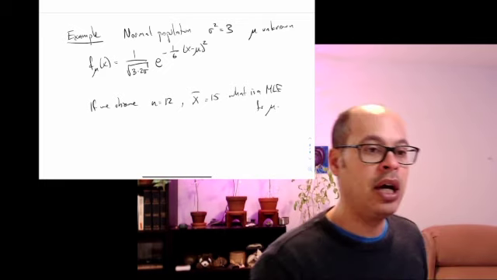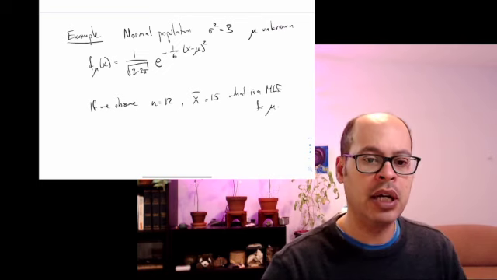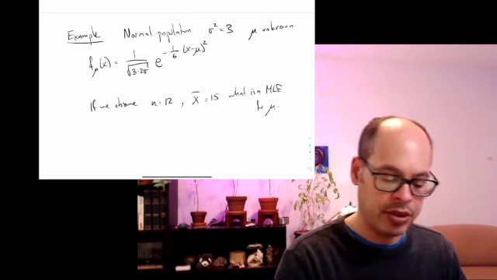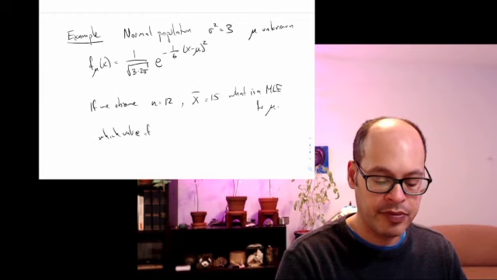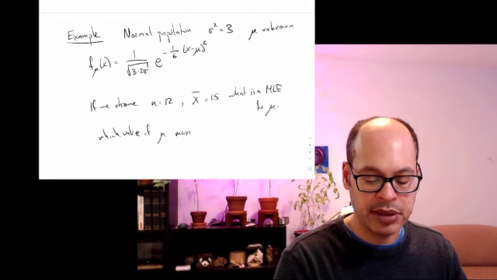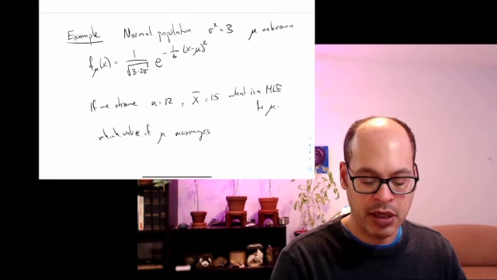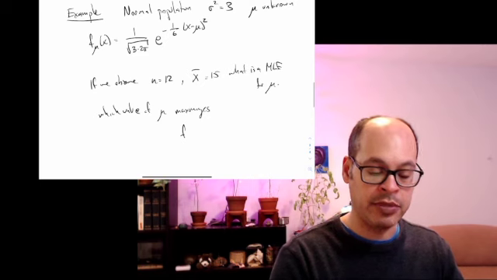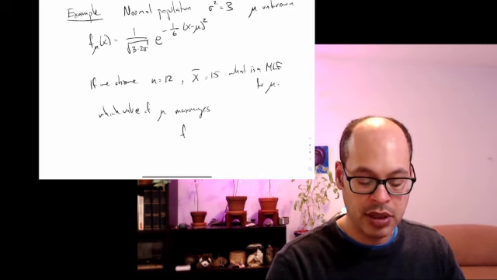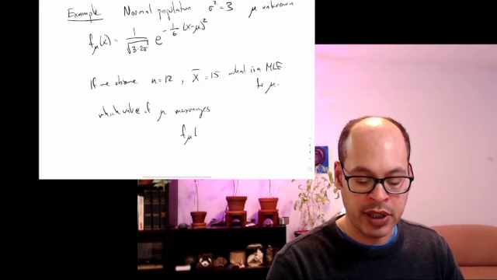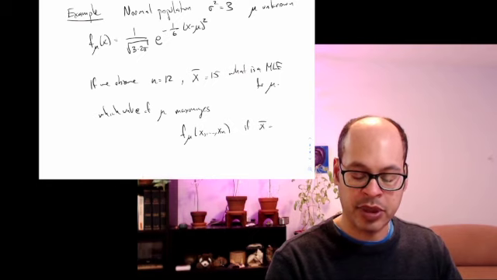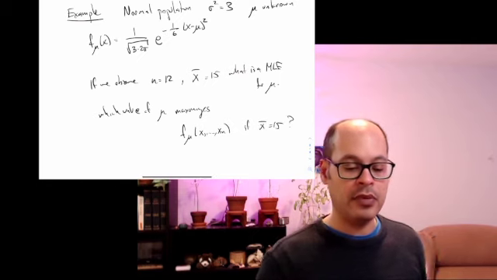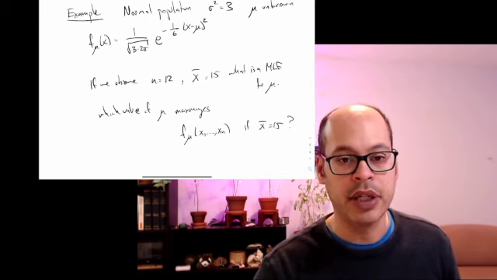In other words, what I'm asking is which value of mu maximizes, now I really am talking about the joint density function f mu of x1 through xn, if x bar is 15. Okay, so let's just go ahead and do that.